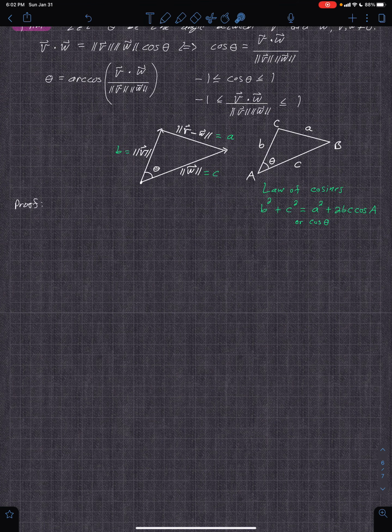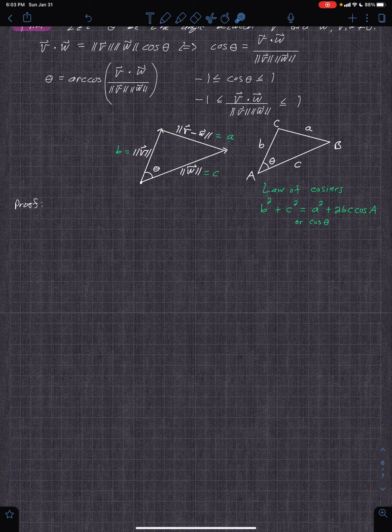Let's recall the law of cosines. If you have a triangle that looks like that, then the square of A is equal to the square of B plus the square of C minus 2 times BC cosine of this angle A. I'm not going to go through how to prove the law of cosines, of course.